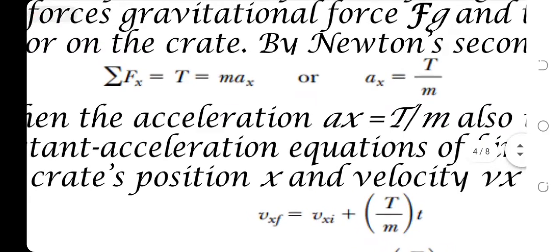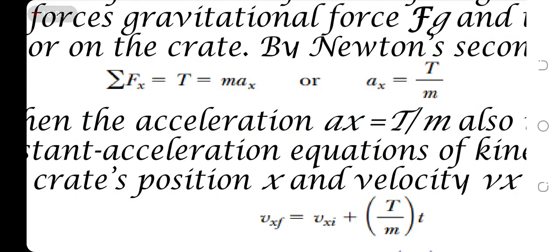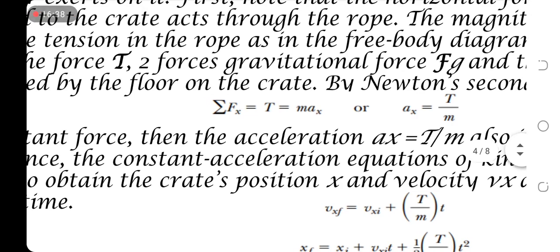Sigma Fx is equal to T and m ax. So from this relation, we can find the acceleration ax, because in this case acceleration is not zero, means the body is starting its motion, means velocity is going to increase. Ax would be equal to T over m. T means tension, m is the mass of the body.